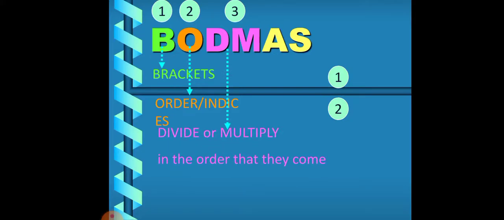After that, D stands for division. If the division operator is there, you must go for that next.